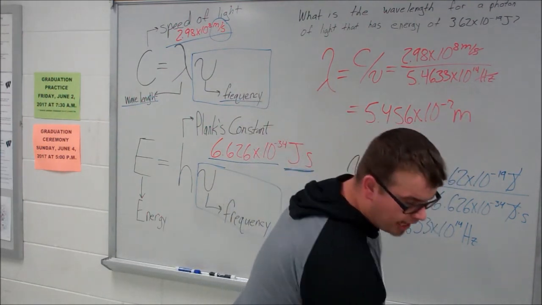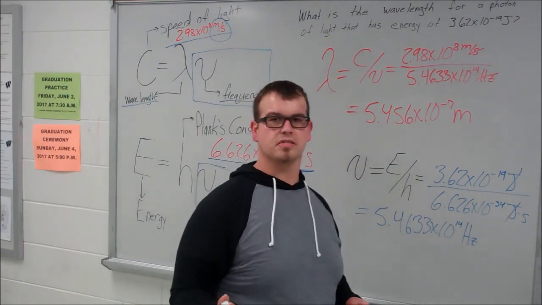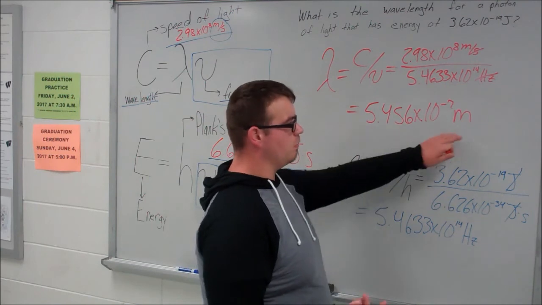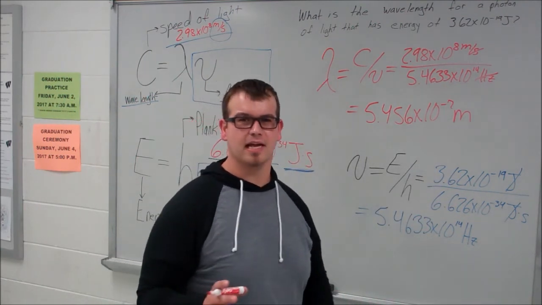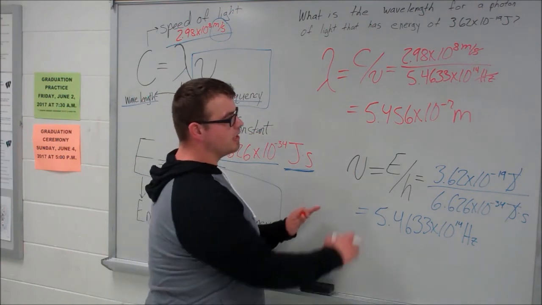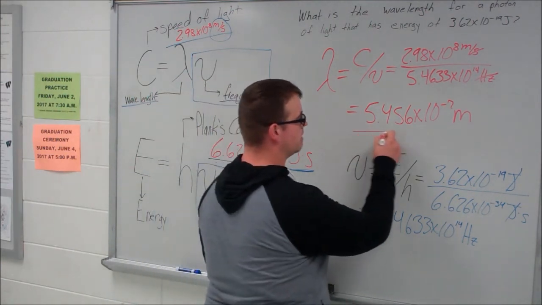Okay? Now you can readjust this if you want. You can do metric conversions if you feel better with wanting to put this in nanometers. I've already covered that, so I'm not going to cover that any further here. But you can adjust this, but this is a correct answer.